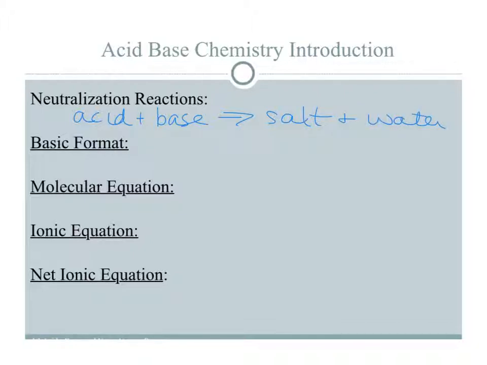And they have the basic format of HA plus BOH yields H2O and BA, where A is your anion and B is your cation for whatever it is that you're dealing with.